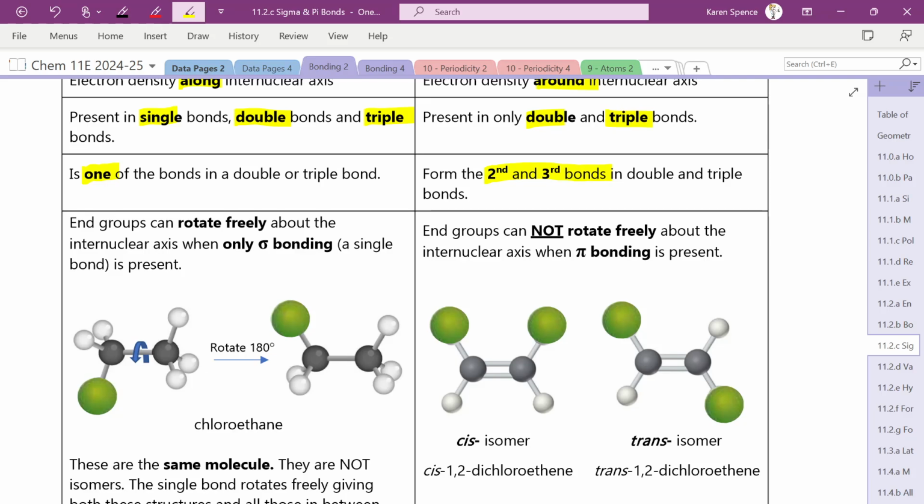Now what if I have my hands like this? Can they rotate? No, because these bonds will break, right? Like if I was to actually do this, these pens would eventually break. So you have free rotation on a single bond, but not on a double bond because the two of them lock it into place.